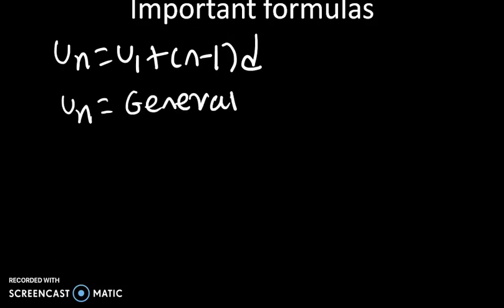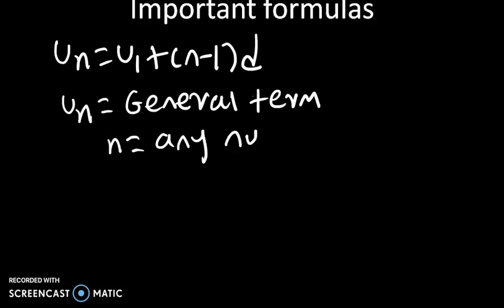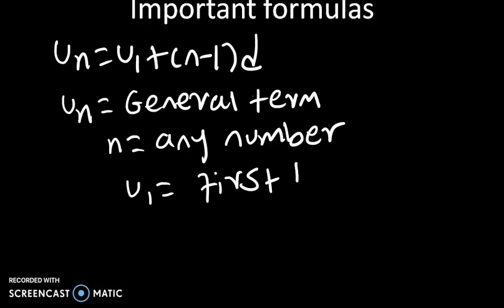So what are some of the important formulas you should take note of in arithmetic sequences? The first one, the famous one, is un equals u1 plus n minus 1 times d. Where un represents the general term, n can be any number as long as it falls in the set, and u1 is the first term. u1 is crucial when it comes to calculating sequences.